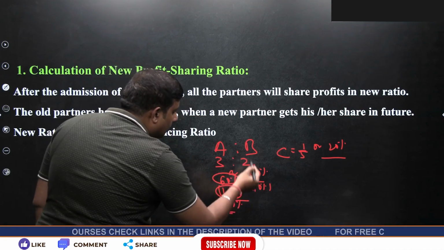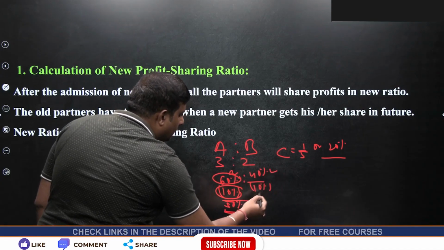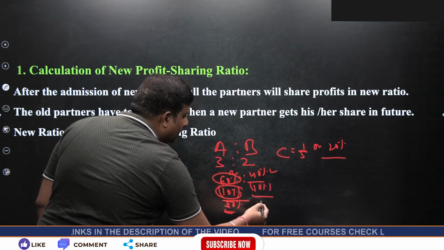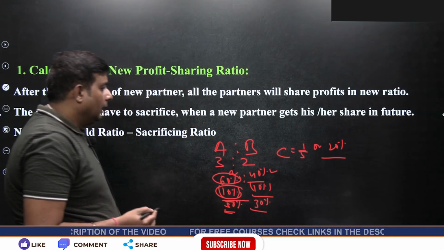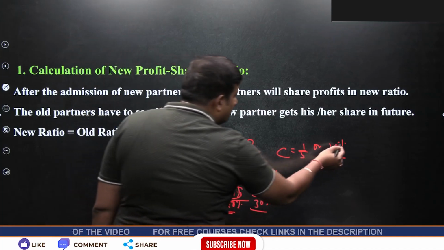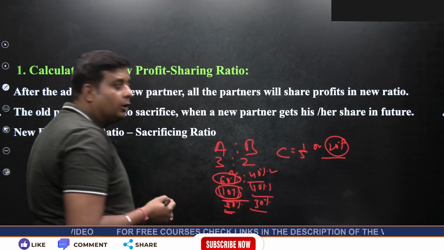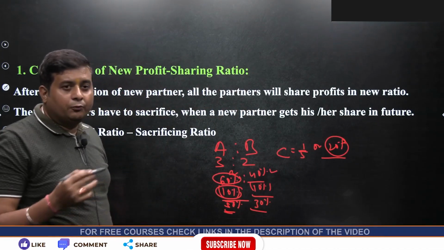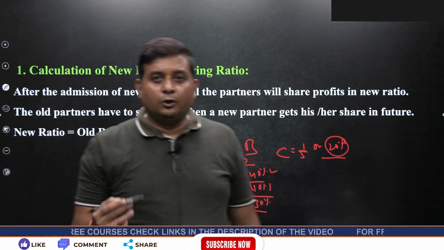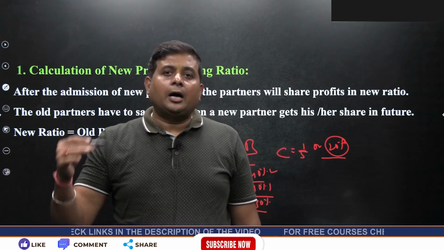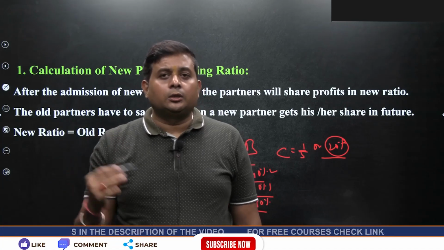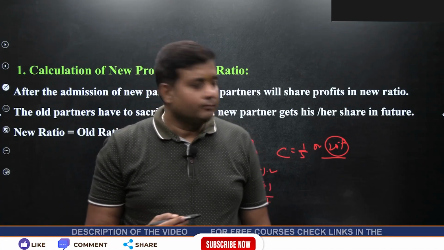As far as B is concerned, earlier he had 40%, now after providing 10% to C, he comes down to 30%. In this way we can accommodate C for 20%. So after admission of a new partner, the existing old partners reduce their shares.